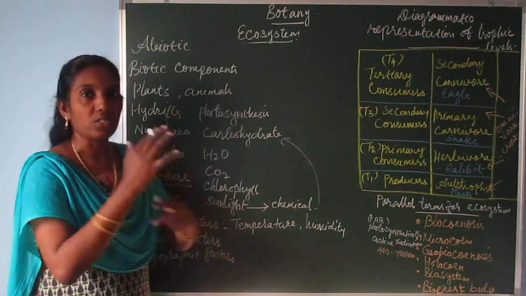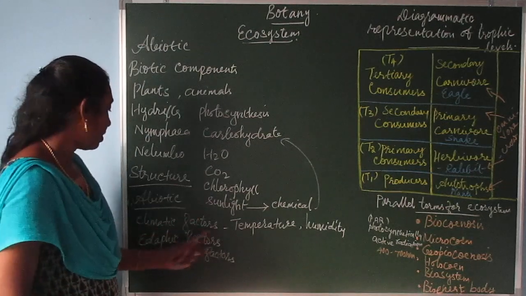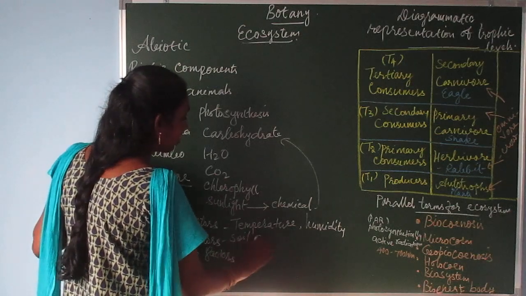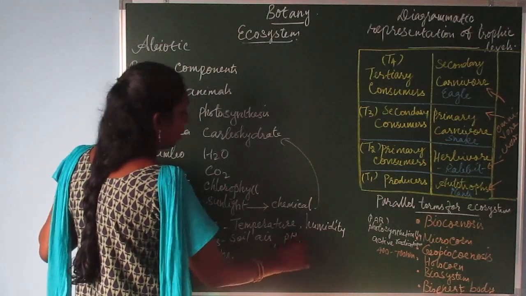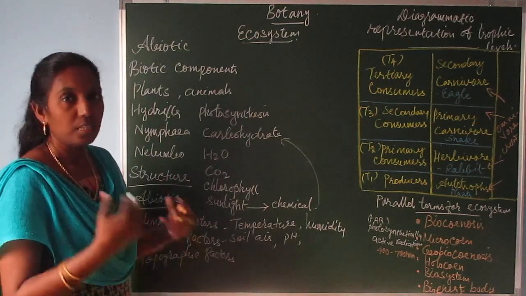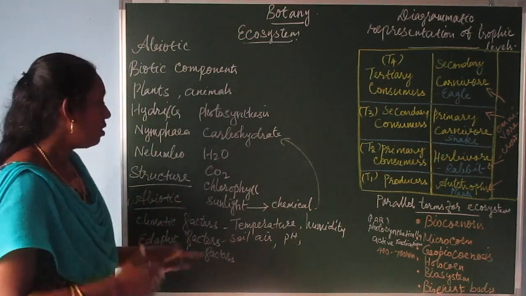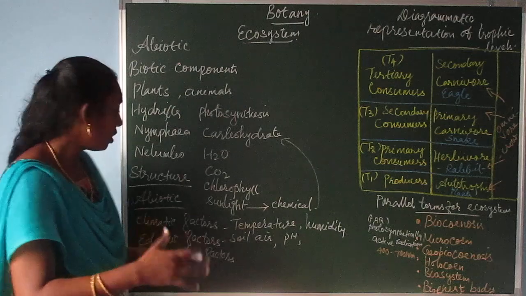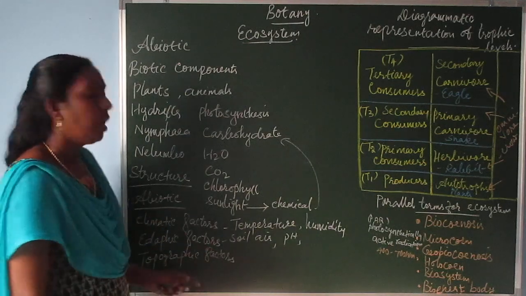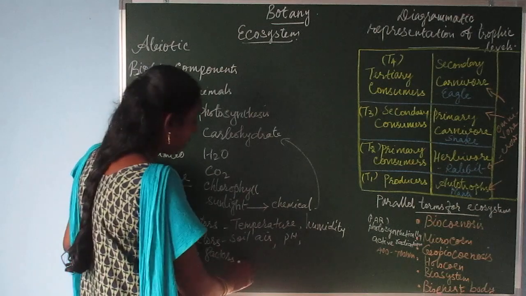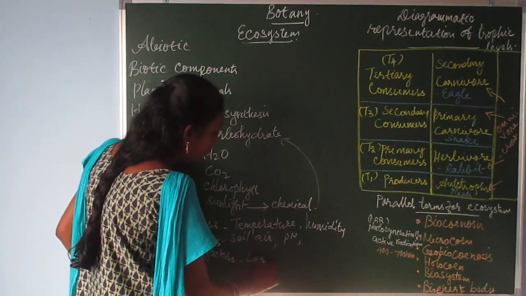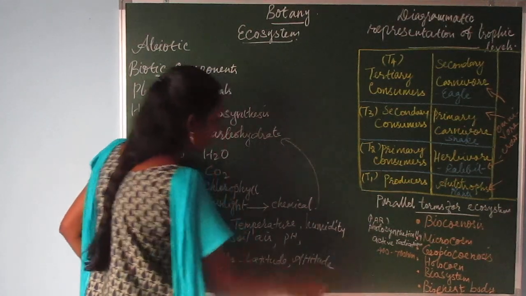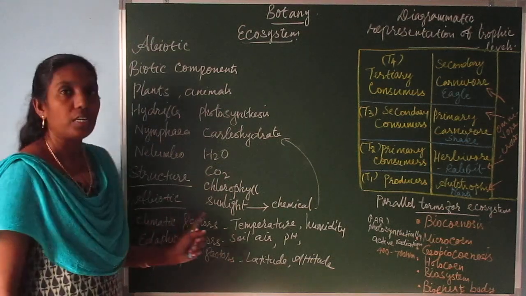Edaphic factors include soil, air, and the pH of the soil. All components related to soil come under edaphic factors. Then topographic factors include latitude as well as altitude. So these are all abiotic components.